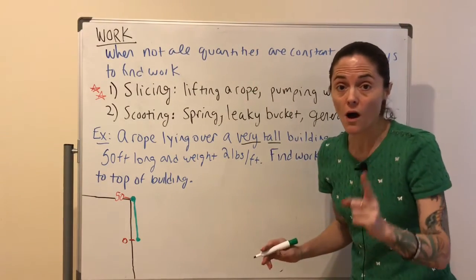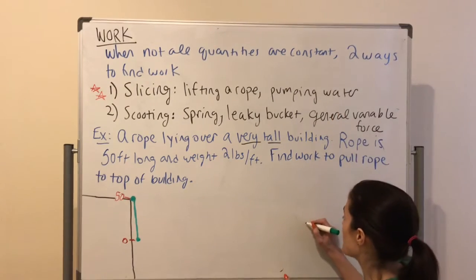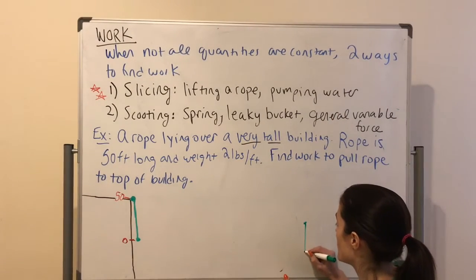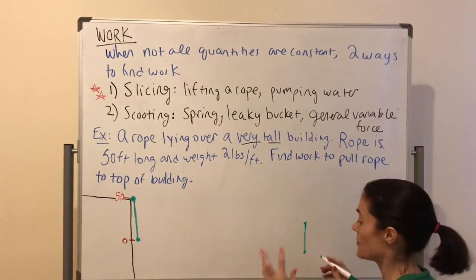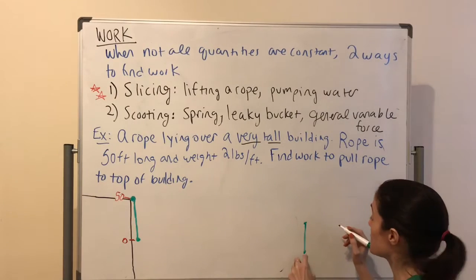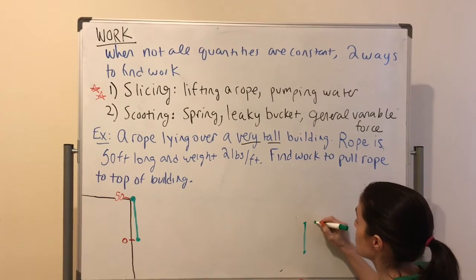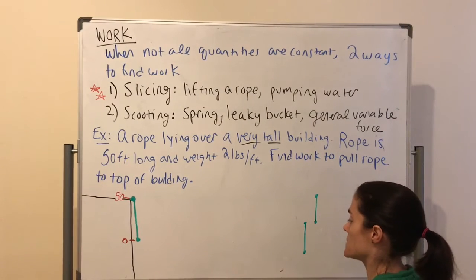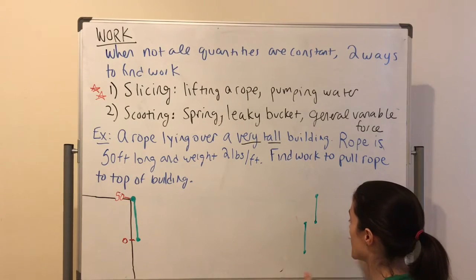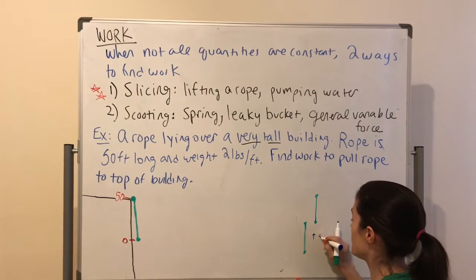That would be the wrong picture. What that would be is you have a rope like this, and it weighs 100 pounds, and then you lift it up. If this is 50 feet, we lift the whole thing up 50 feet. So the bottom is now here.